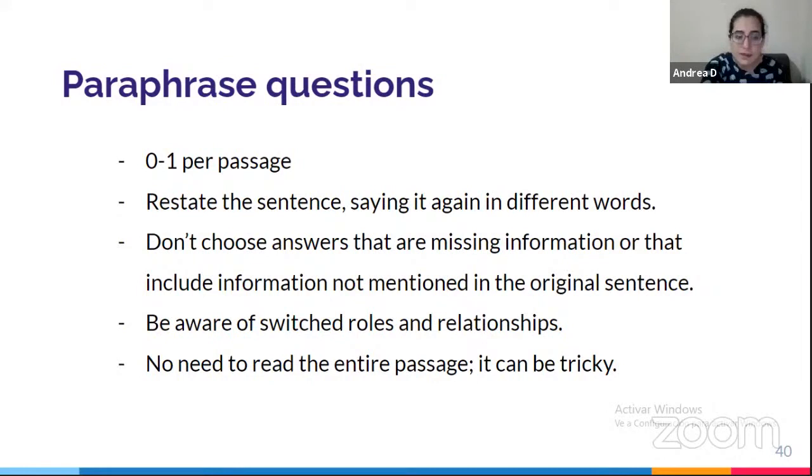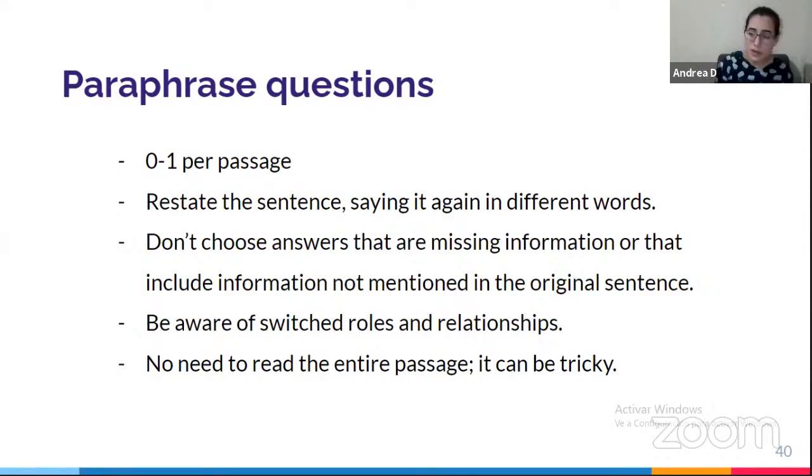What they're asking for here is basically to paraphrase a sentence. So they give you an original sentence, like this sentence here, and they ask what is the closest option to this sentence, what is the most similar one? And that's what you need to find.